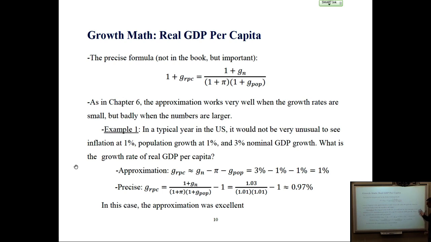We went through an example last time where we saw that the approximation is pretty good for small numbers, really off by 0.03%. What we were running out of time for was what happens when you have bigger numbers. Then the quality of approximation deteriorates.